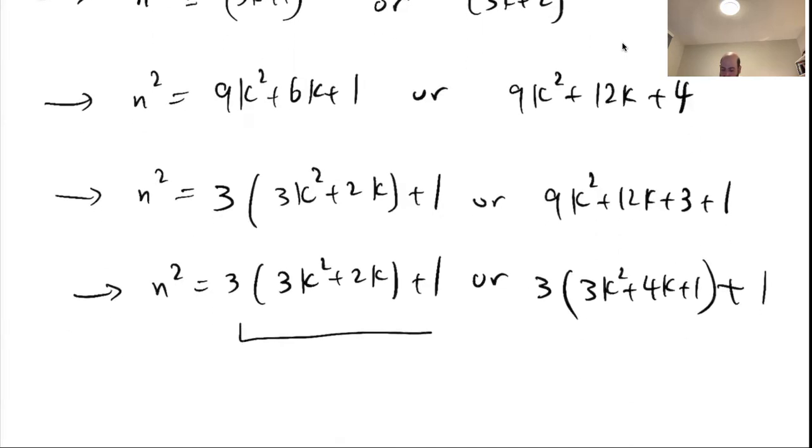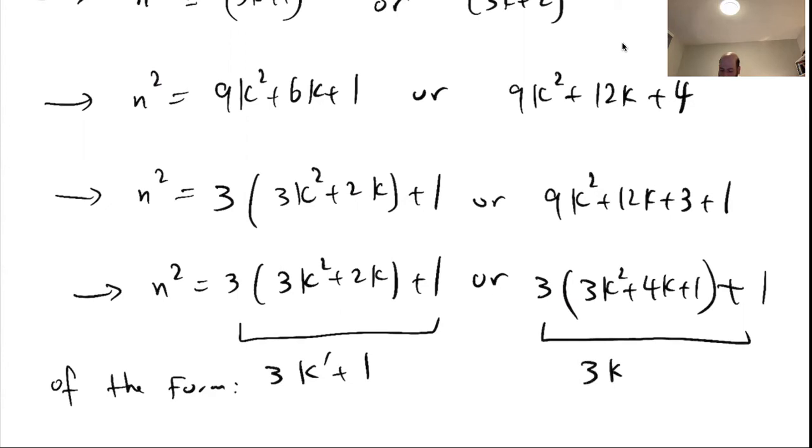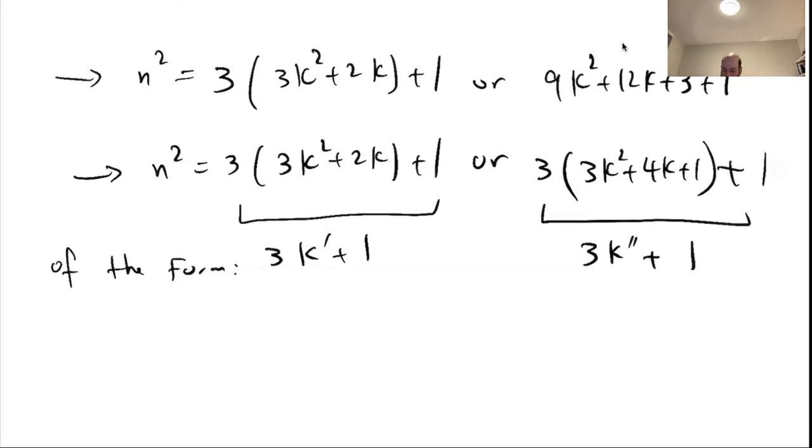So this is of the form 3k prime plus 1, right? And this is of the form 3, let's say, k double prime plus 1, for integers k prime and k double prime.